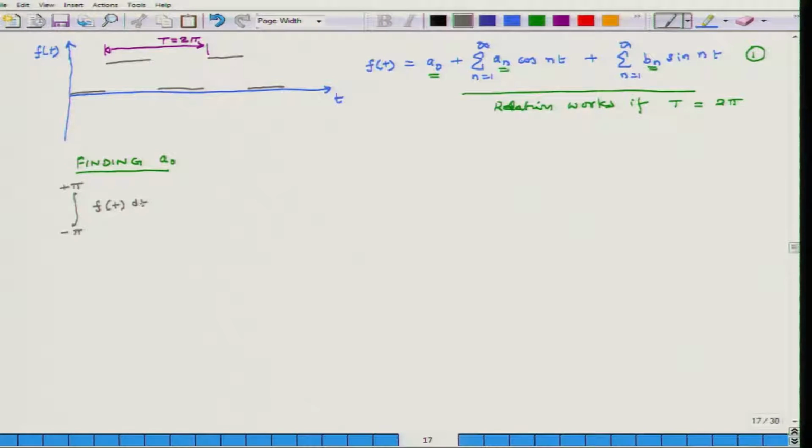f t dt, and that equals integral of minus pi to plus pi a naught dt plus integral from minus pi to plus pi of sum of a n cosine n t dt plus third integral from minus pi to pi of b n sin n t dt, and here n is equal to 1 to infinity, here also it is 1 to infinity.